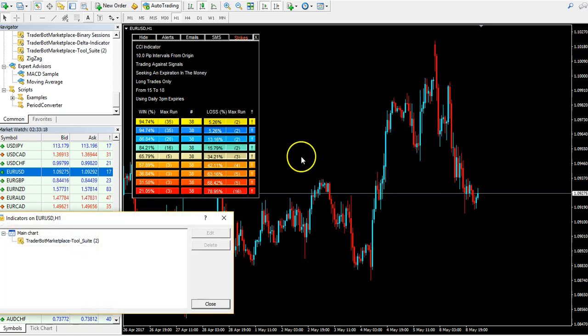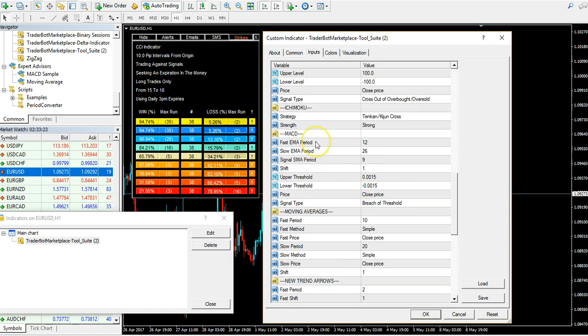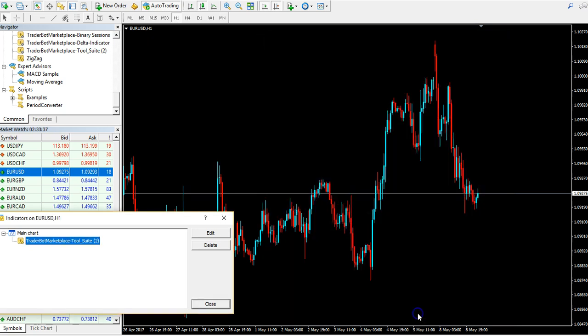What if I want to change it from looking at, instead of crossing out of the overbought, remember, going up into the overbought and then coming back down, what if I wanted to look at it crossing into the overbought, oversold area?